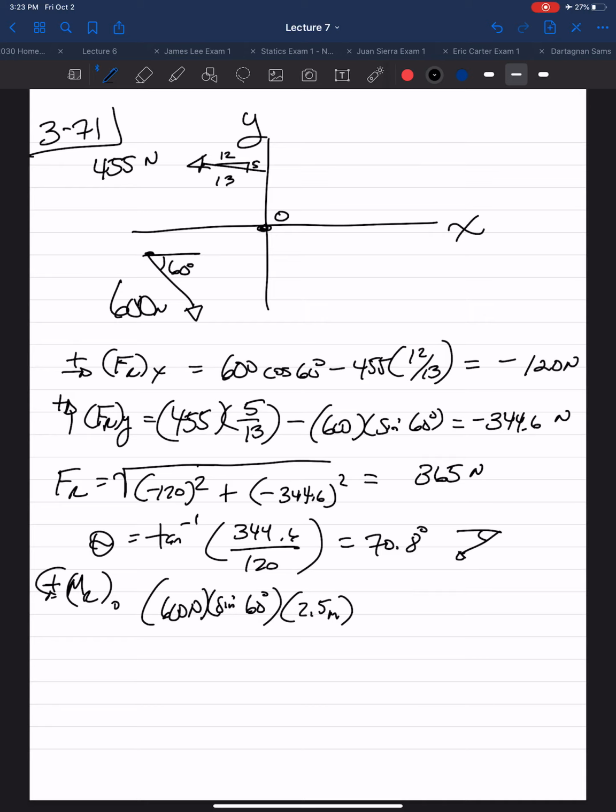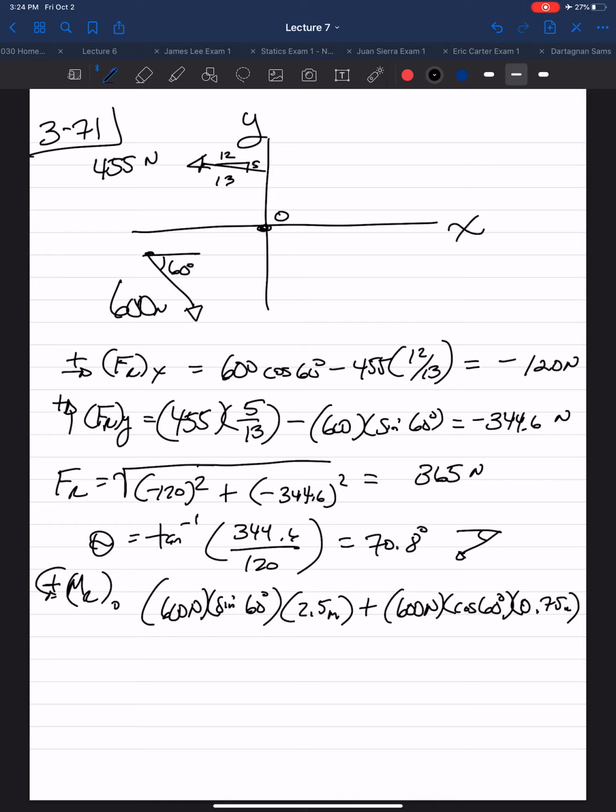The horizontal component, which would be cosine, is also producing a counterclockwise rotation about point O. So it's positive. And the perpendicular distance there is 0.75 meters. Now the vertical component of the 455 newton force goes through the origin, so it causes no rotation since its line of action passes through the origin.